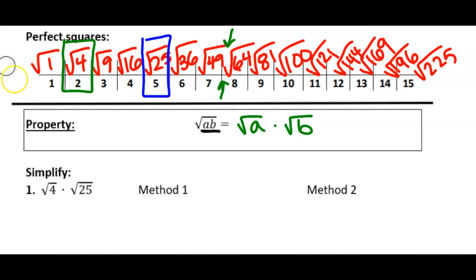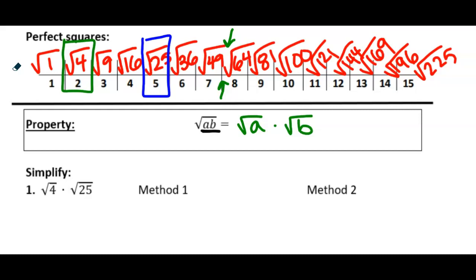So square root undoes squaring. 2 squared is 4, right? So the square root of 4 would be 2. So like I said, the square root undoes the number that we have squared. So write that down. Pause the video to do so. Make sure you know what you're talking about.